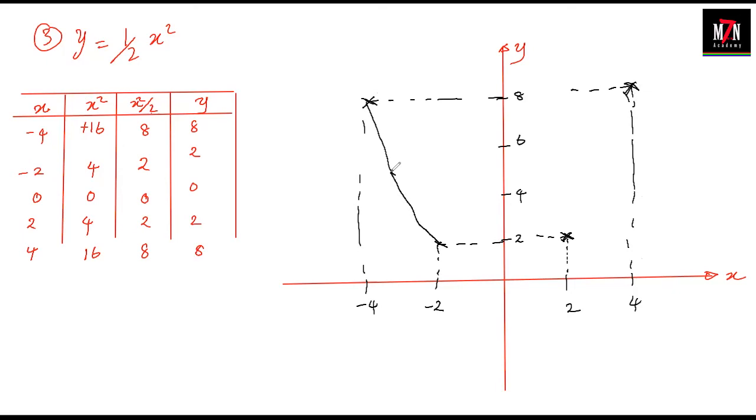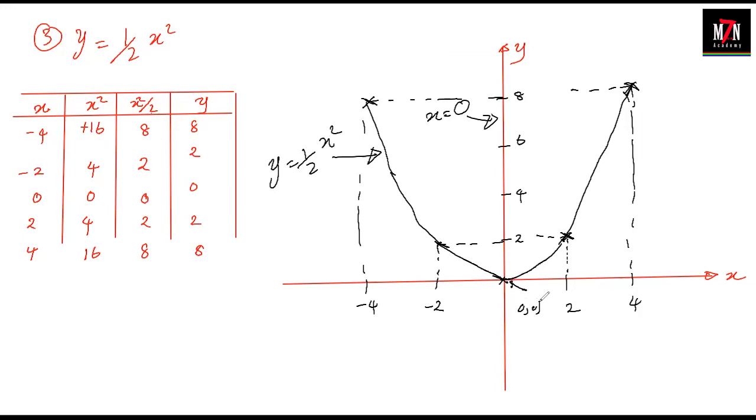You just have to join the points through 0. So here you have the curve y equals half x squared, and this is the symmetrical line x equals 0. This is the minimum point 0, 0. And you can see here this is a minimum curve.